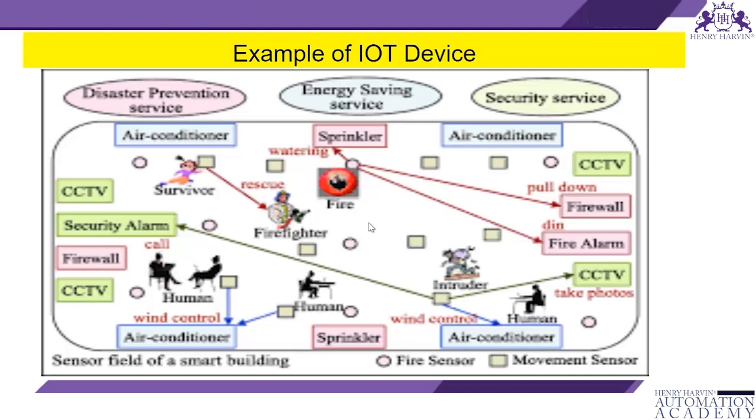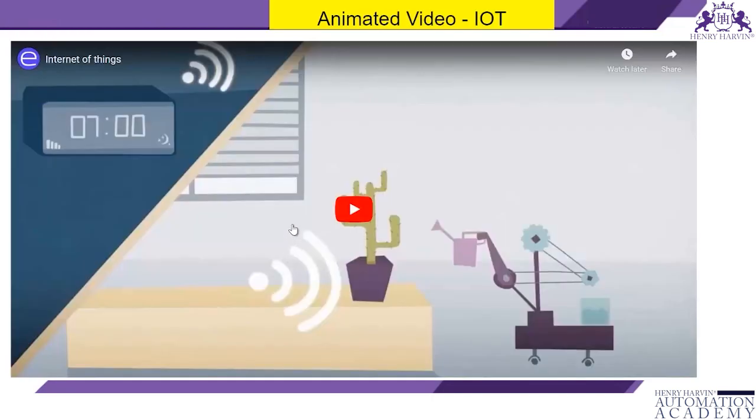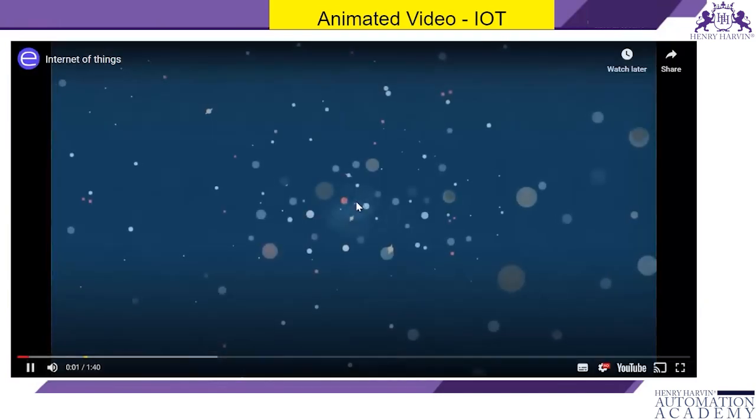They have sensors, and they sense different values for whatever they have been designed for. They set the alarms and the whole system starts operating, and this is very much used in security systems. We'll also play another animated video on IoT to get a better understanding of IoT.